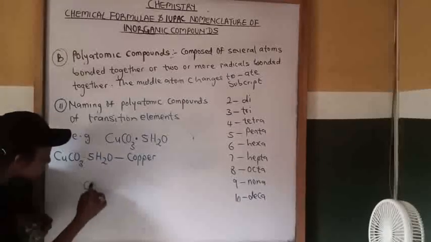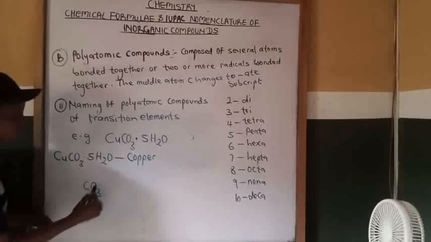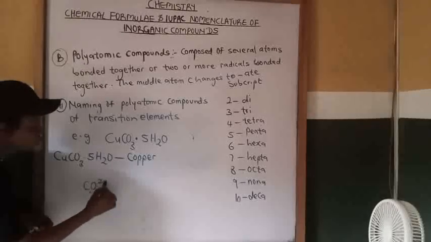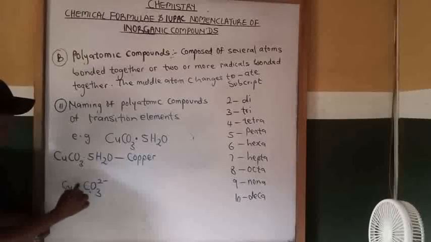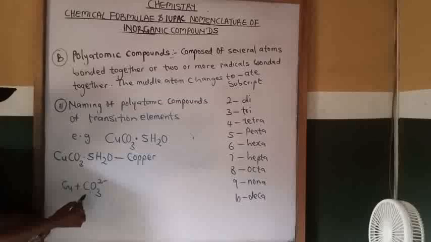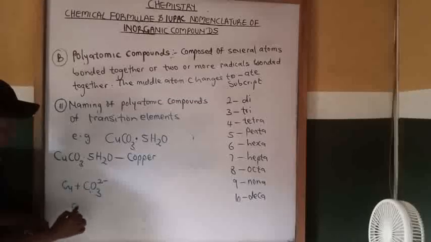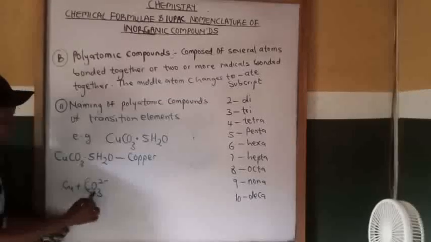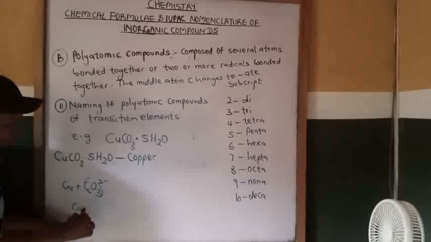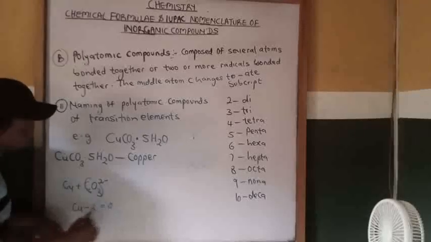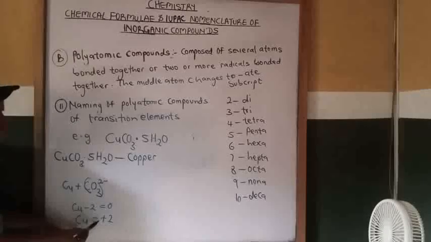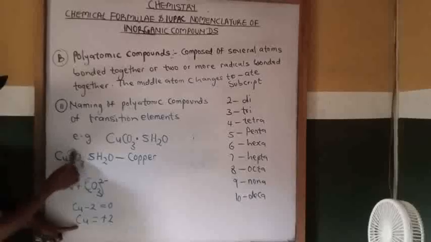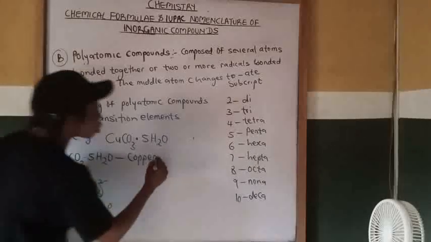Don't forget that CO3 is a radical, and the charge on CO3 is 2 minus. Cu plus CO3 2 minus: Cu is unknown, CO3 is minus 2, so Cu minus 2 equals 0, then Cu equals plus 2. So the oxidation number of copper in this CuCO3 is 2. We call it copper 2.